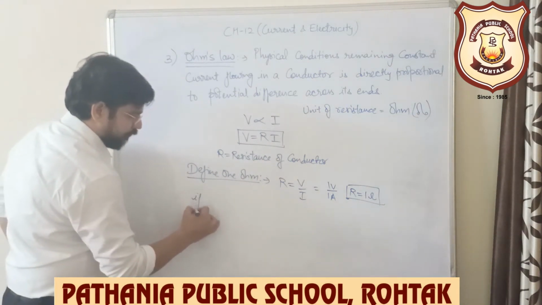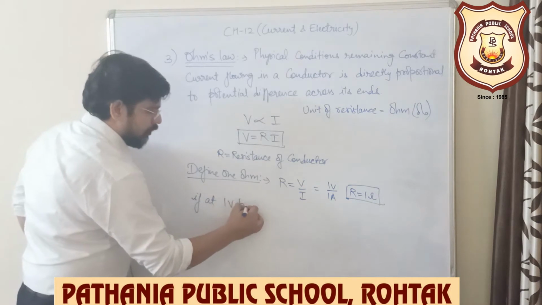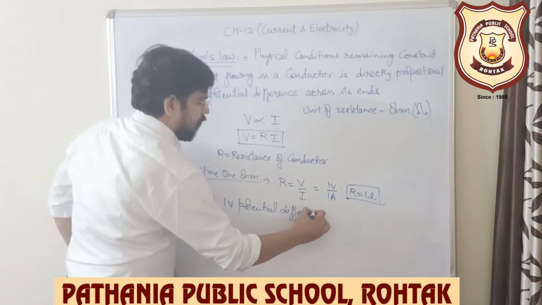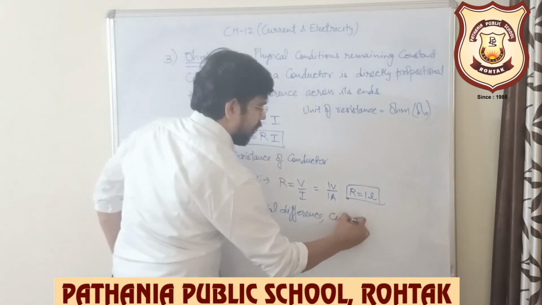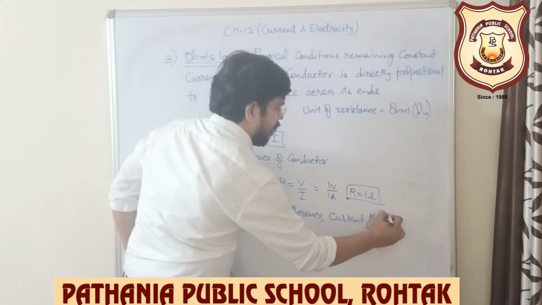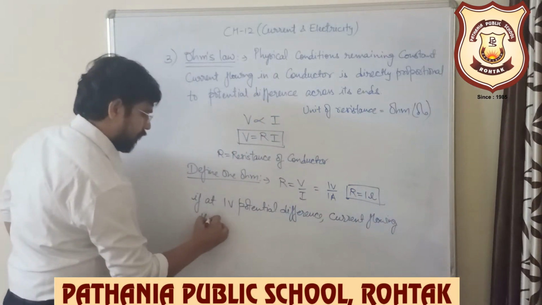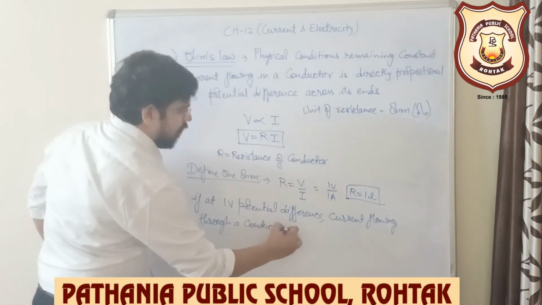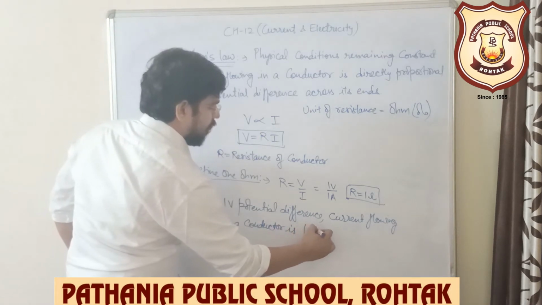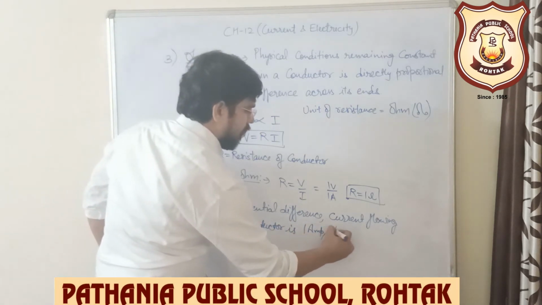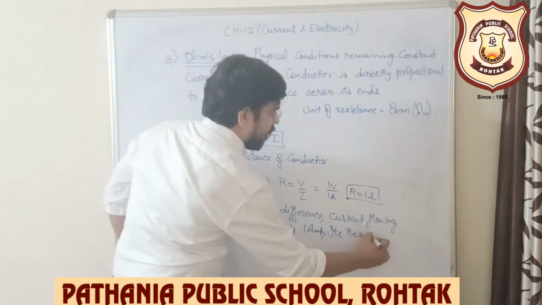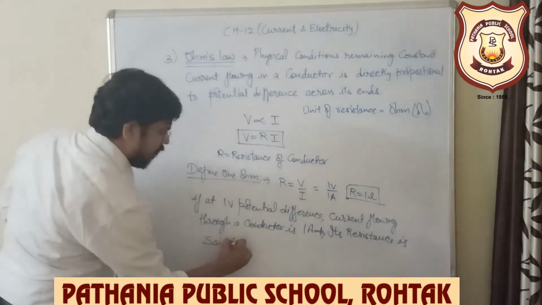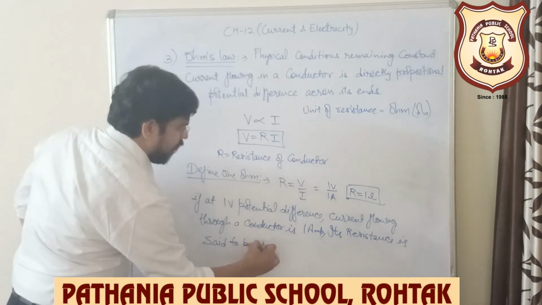So if at 1 volt potential difference, current flowing through a conductor is 1 ampere, its resistance is said to be 1 ohm.